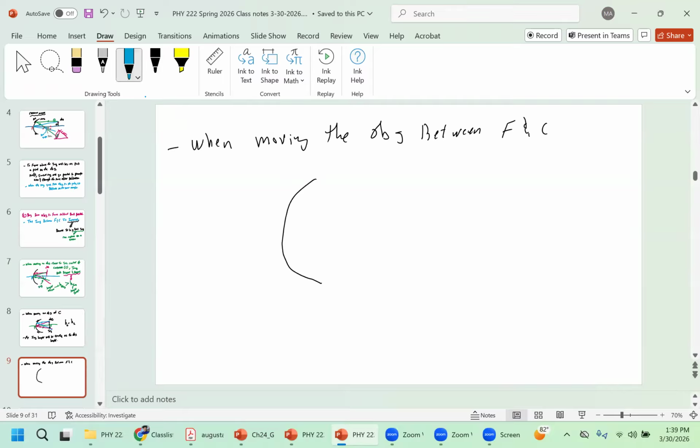Here's my mirror. Again, here's my pole. Here's my F. Here's my C. And let's say this time my object, I'm placing it over here. Let me go ahead and say this is the dull side.